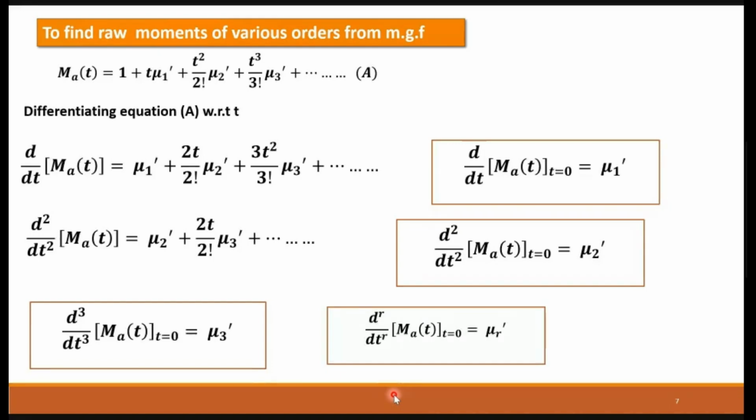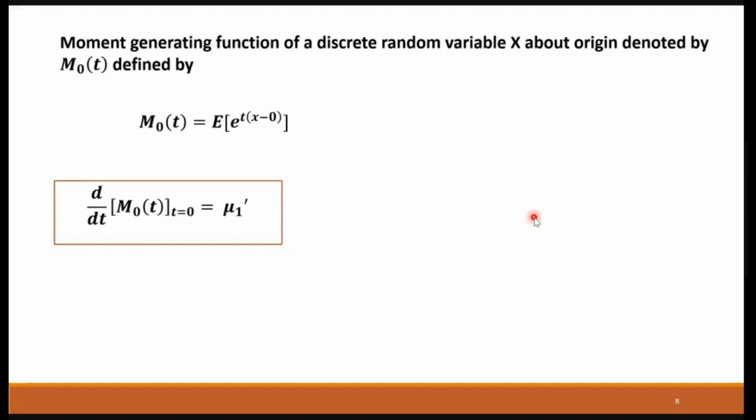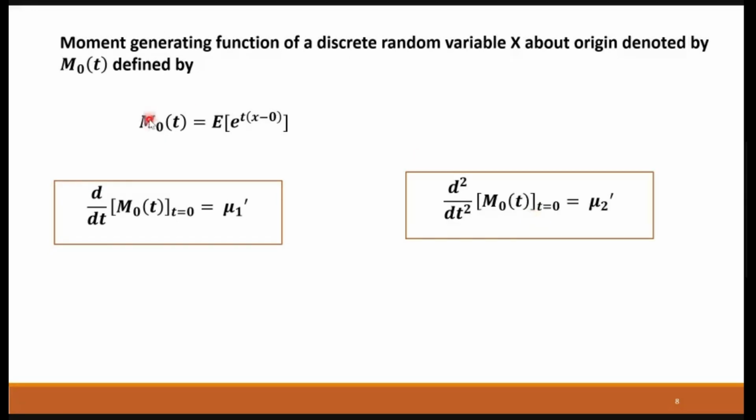अगर origin है तो यहाँ पे 0 आ जाएगा, ma के बदले यहाँ पे 0 आ जाएगा. origin है तो I told you same thing, यहाँ पे m0 हो जाएगा, बाकी सब same रहेगा.